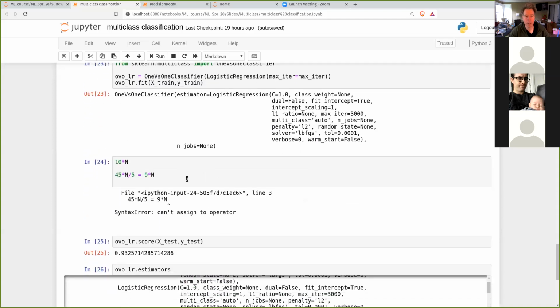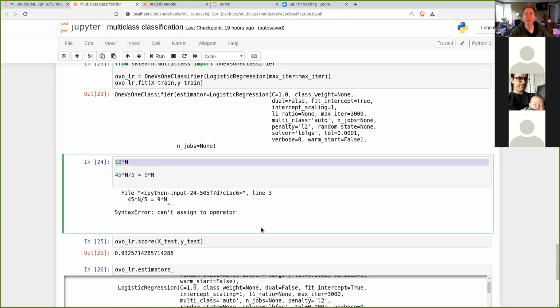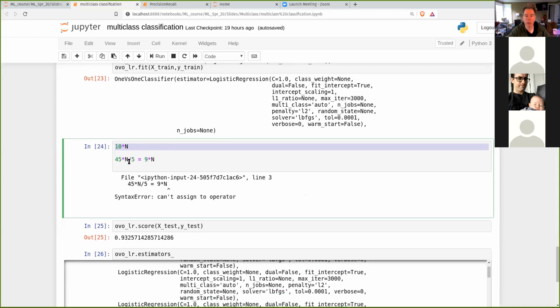I did this calculation here. If you do one versus all, you have to do 10 classifiers, and they all train on the entire data set. So that's 10 times n amount of work. But if you do one versus one on this data set, you have 45 models, and each one trains on only 20% of the data.